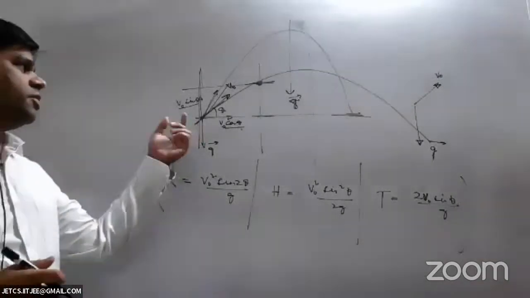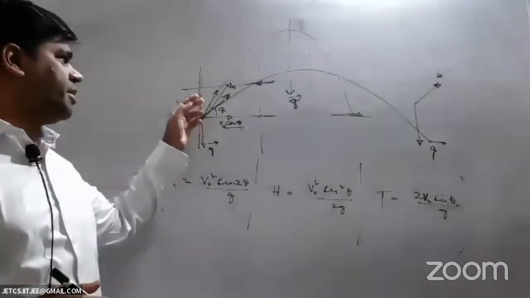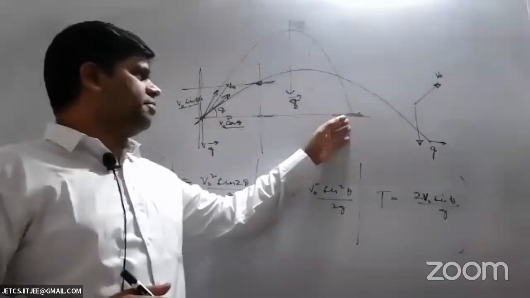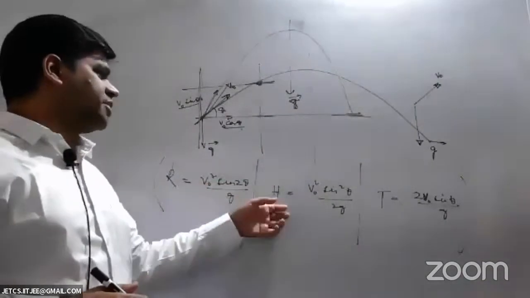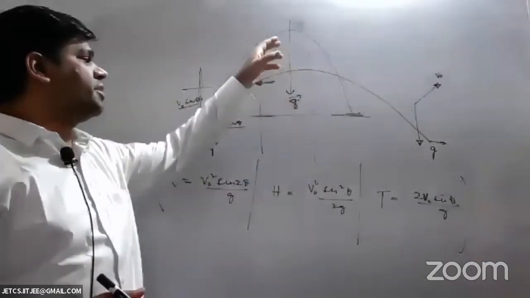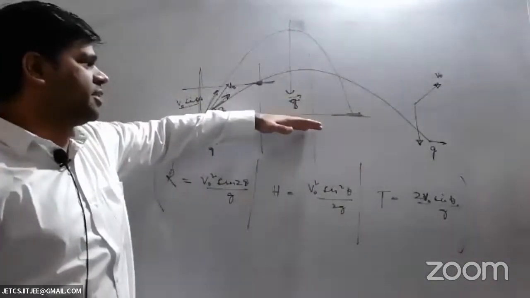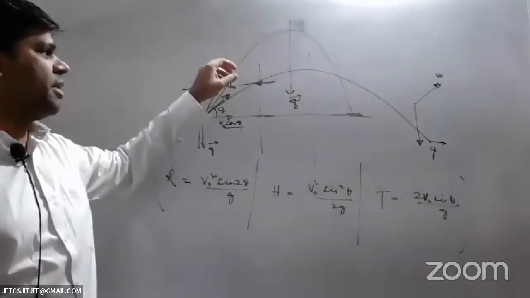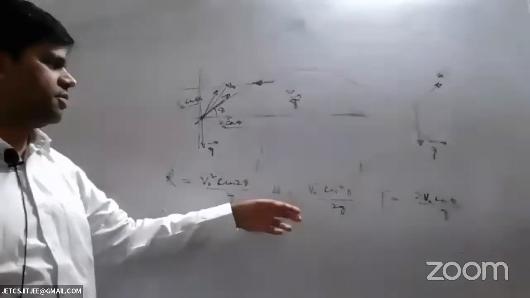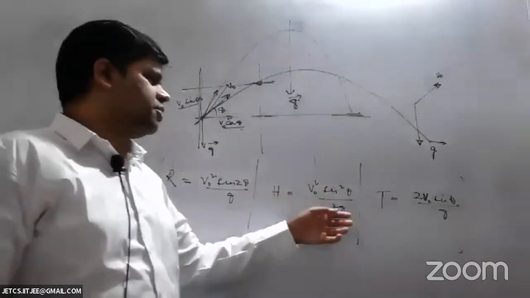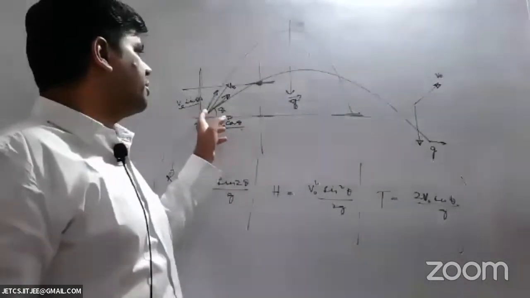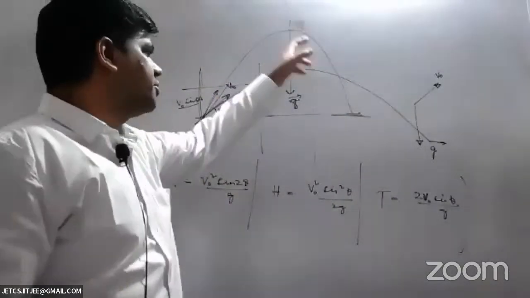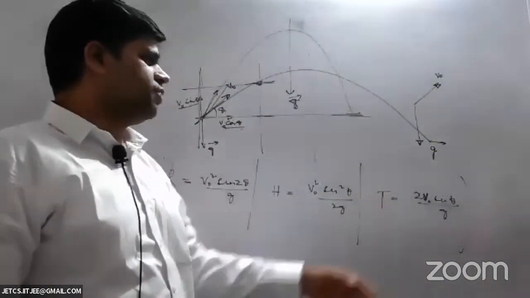Range R is the horizontal displacement covered when the particle's y coordinate again becomes zero. Maximum height is the height of the vertex from the horizontal x-axis, the height reached by the particle, h max. Time of flight is the time taken by the particle from here to the point where the y coordinate again becomes zero, which is 2 v naught sin theta by g.